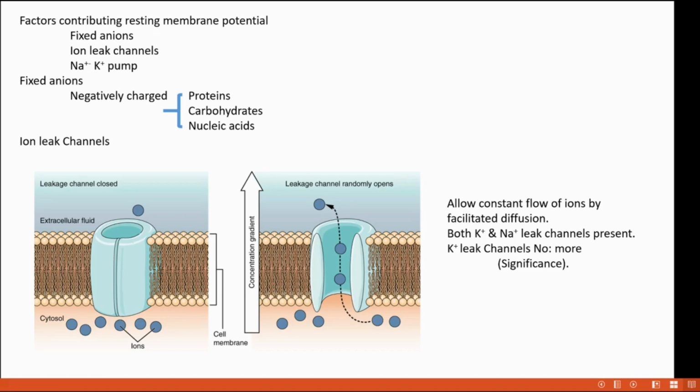And as we know, which ion is abundant outside and which is abundant inside of the cell? You know, because I already told you in some other chapter. I think it is in digestion and nutrition chapter itself. Which ion is more inside and more outside? Sodium or potassium? Potassium is more inside and sodium is more outside.